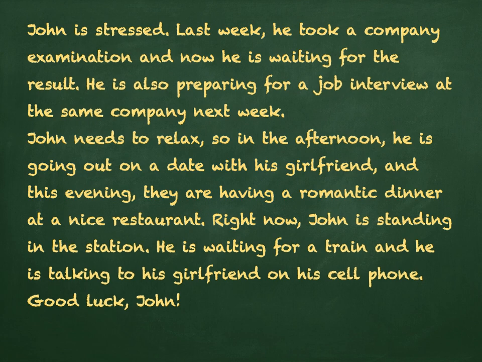First, read this little story for meaning, and then try to find those verb phrases. The next slide will highlight the target points. So again, maybe you should pause the video until you're ready.